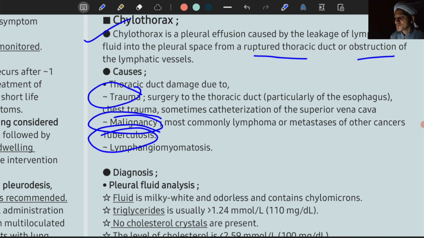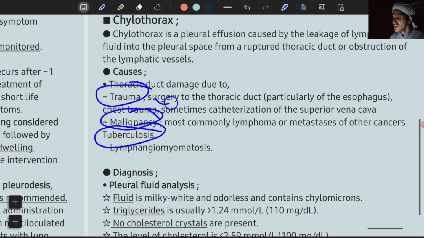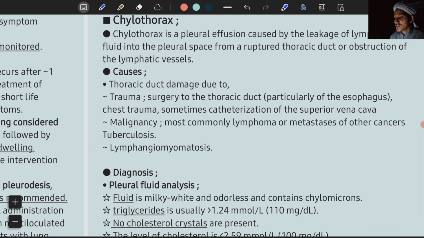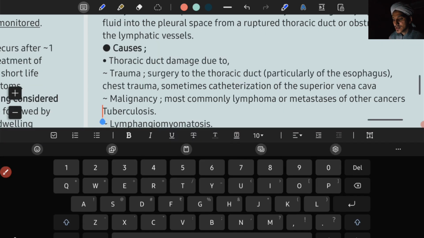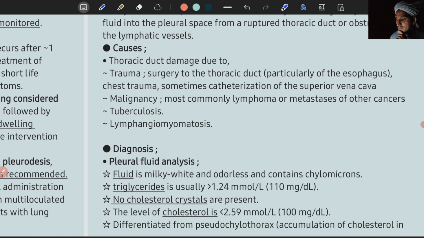Trauma can be due to surgery, chest trauma, or catheterization of the superior vena cava for putting in a central line. Malignancy includes lymphoma or metastasis of other cancers. The third is tuberculosis. One more cause is lymphangiomyomatosis.